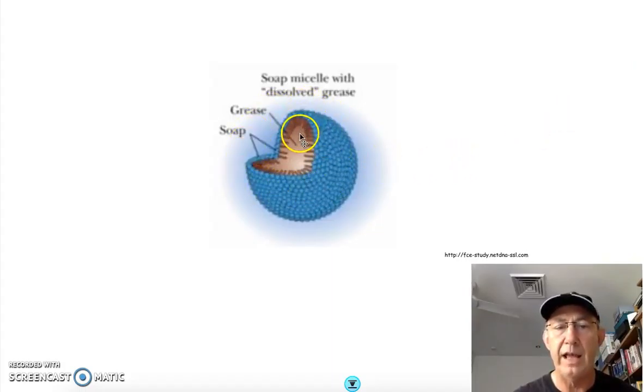A micelle: that brown in the middle is meant to be the lump of grease, and all these little blue are the little blue heads of all of my soap particles, and those little tails are all embedded now in the grease.